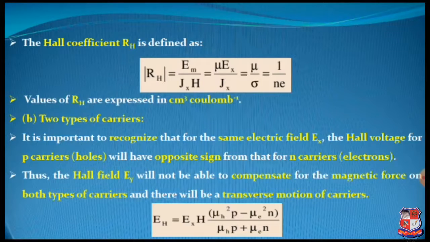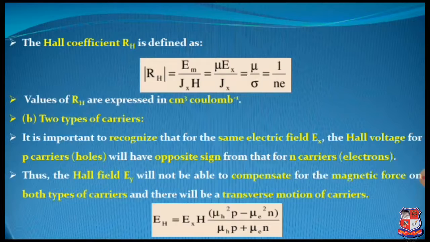It is important to recognize that for the same electric field Ex, the Hall voltage for P carriers, meaning positive carriers, that is holes, will have opposite sign from that for negative carriers, that are electrons. Thus, the Hall field Ey will not be able to compensate the magnetic force on both types of carriers, and there will be a transverse motion of carriers.